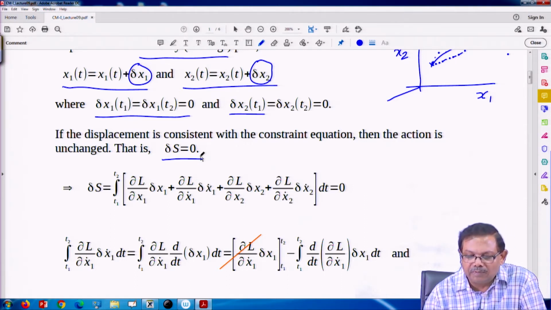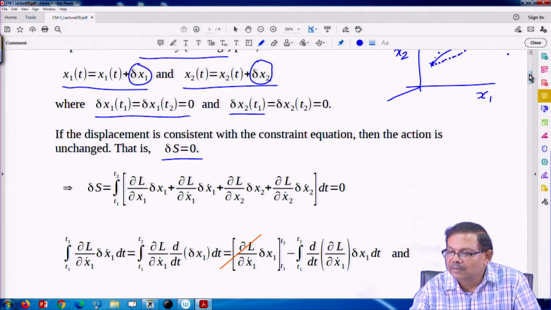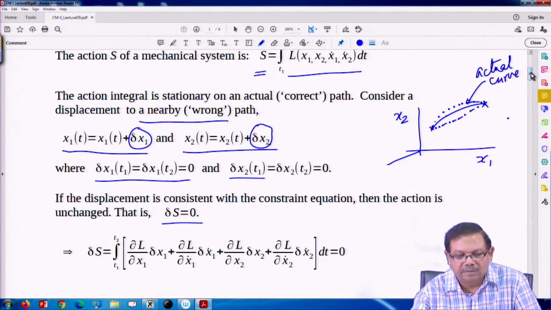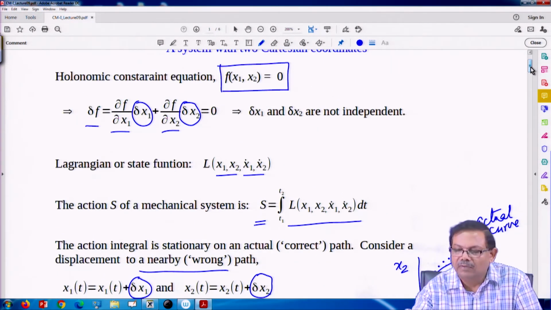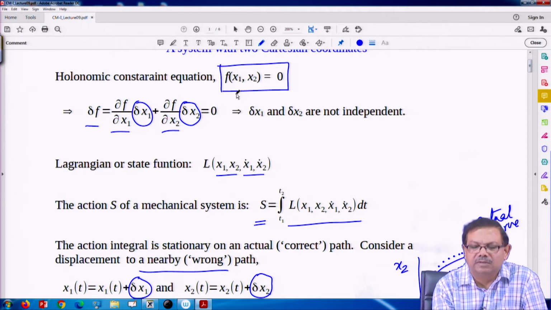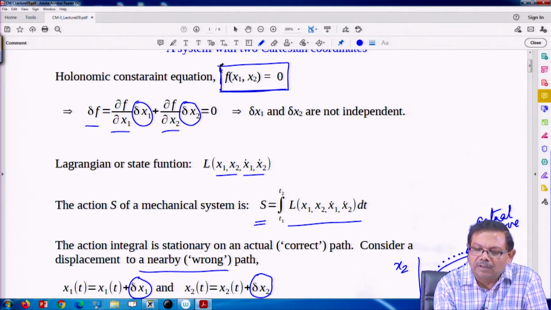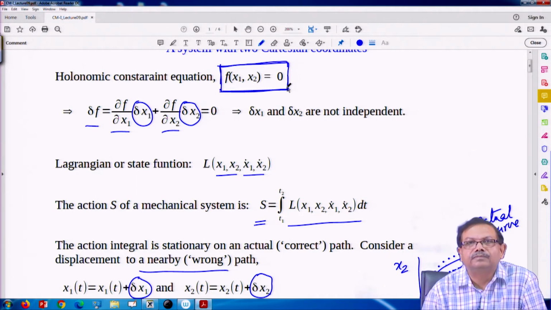What is the meaning of consistent with the constraint equation? The equation says there is a function f of 2 coordinates and that is 0. For example, in the case of a coplanar pendulum, it is the length of the pendulum.